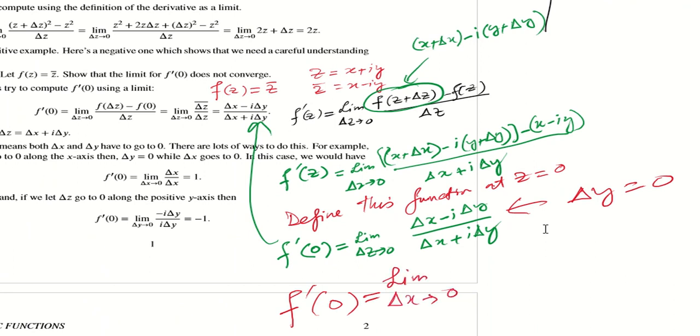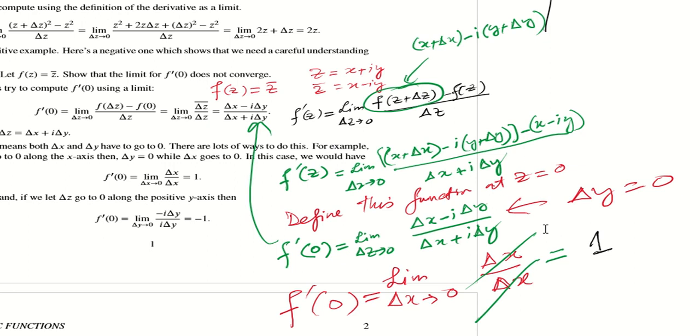So our limit is modified now, and delta y is already 0. So we are left with delta x over delta x. Okay, and then those two cancel. Delta x and delta x cancel. So this is equal to 1. Fair enough. So we are getting a value of 1 when we approach the 0 from an axis.